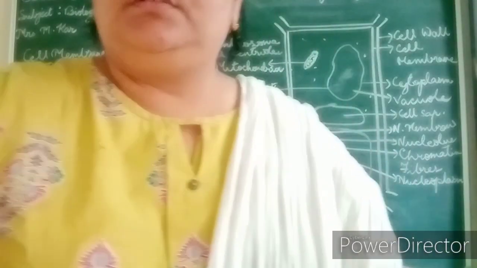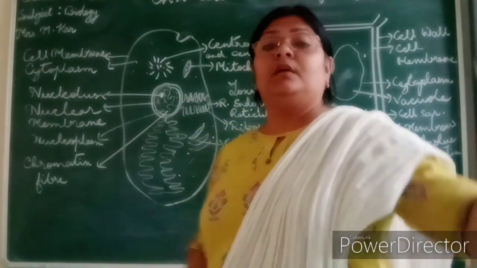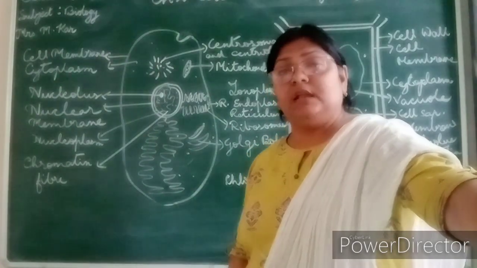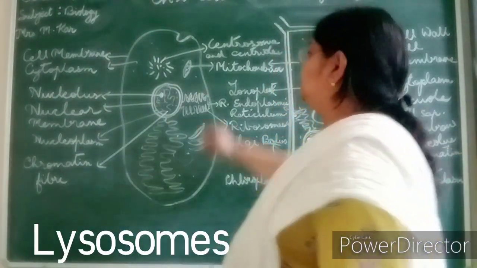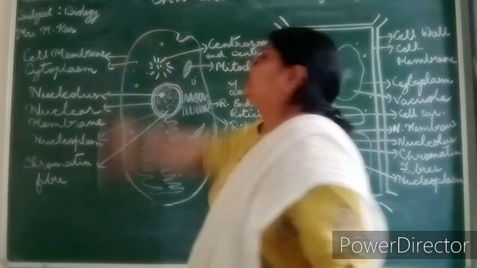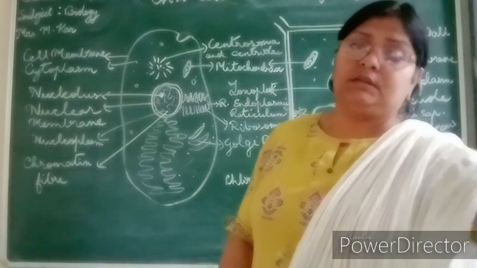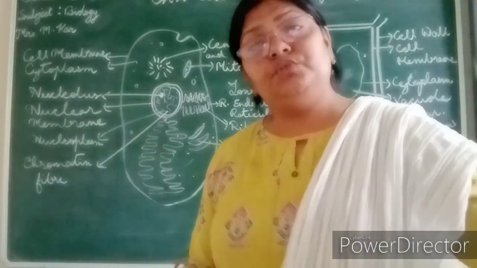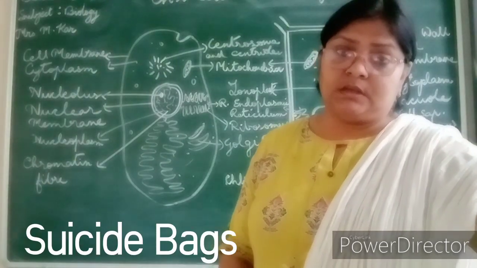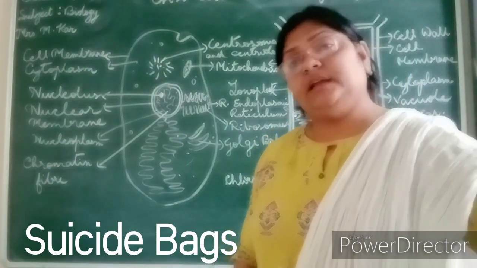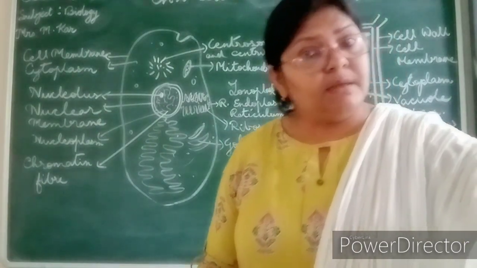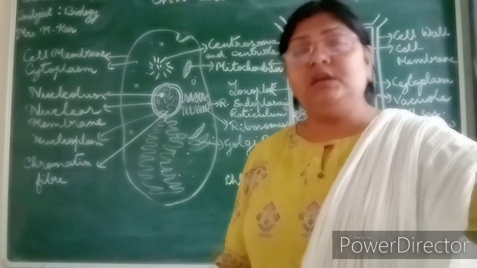Another very peculiar organelle which is present in animal cell is the lysosome. They are just circular bodies which have a solution in them. Now these are called suicide bags. Why do we call it a suicide bag? Because it has the ability to dissolve the damaged parts of the cell.